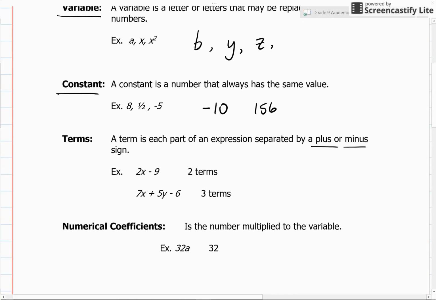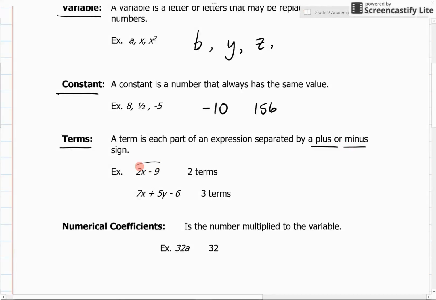Terms. So terms are very important. A term is each part of an expression. Okay, so you're given a mathematical expression. Think of it like a sentence, but we call it an expression. Each term is separated by a plus or minus sign.